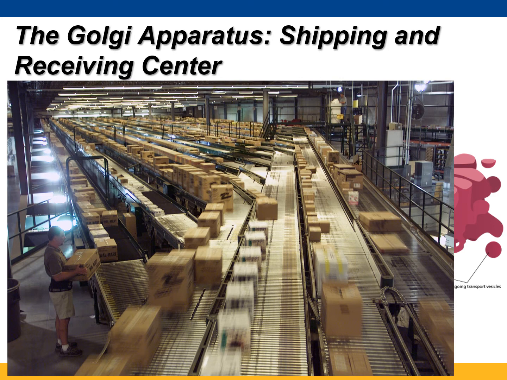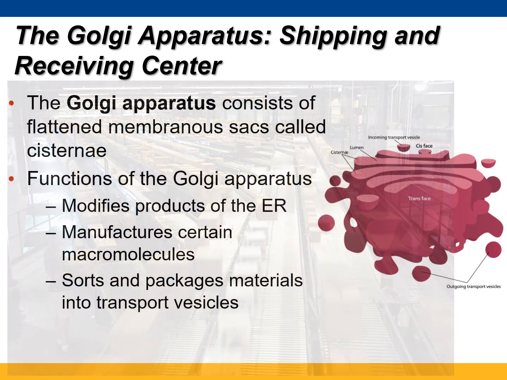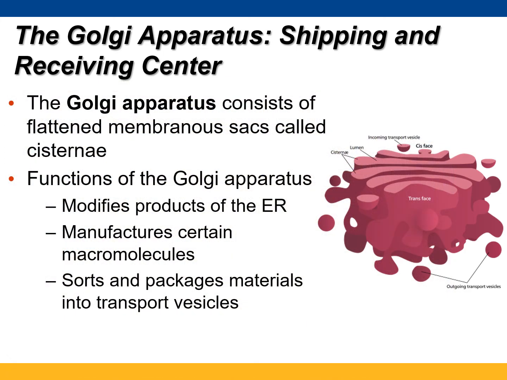And closely related to the rough ER is the Golgi apparatus. This may be a bit naive to say, but it's a good way to look at it. We have a distribution center for packages. So packages come in, they have labels on them, and those packages are then sorted according to what their label is. And that's a lot of what the Golgi will do.